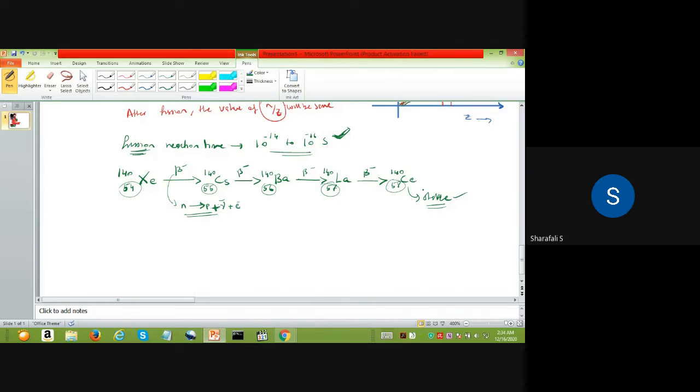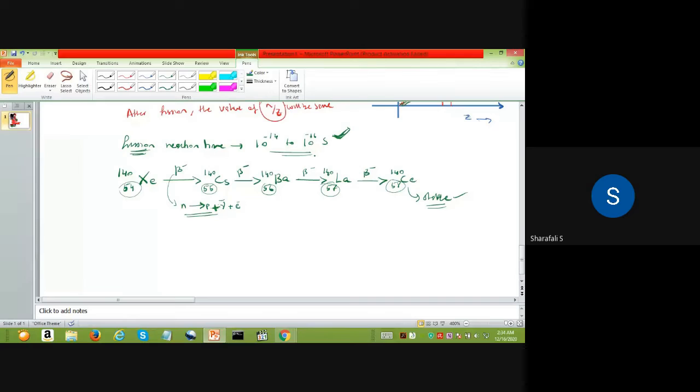Okay. Now this is a continuous beta decay process. That negative beta decay process is continuously happening to this nuclei, and it will become stable. So in each case, the excess number of neutrons are reduced.